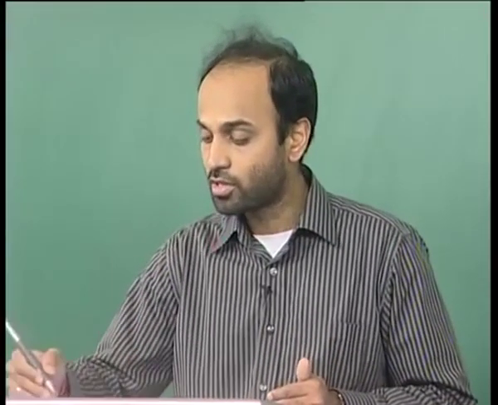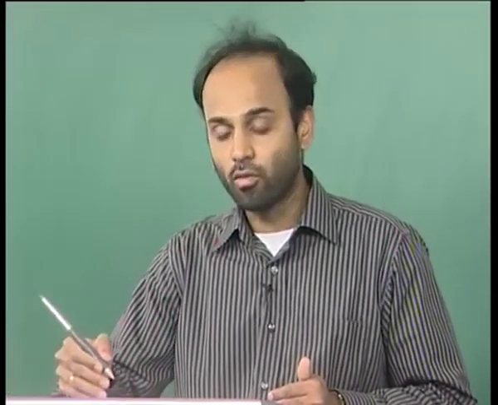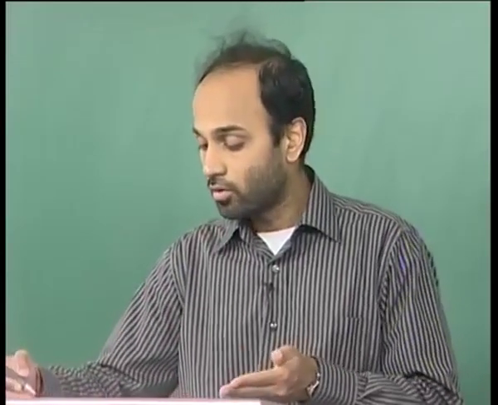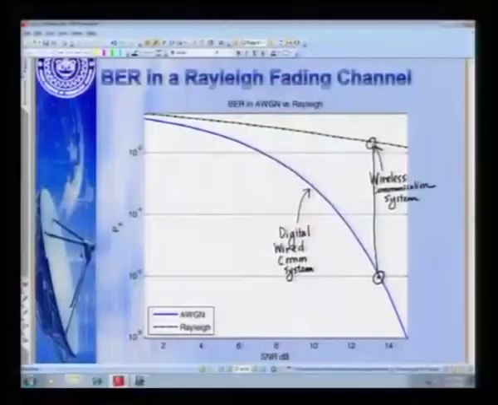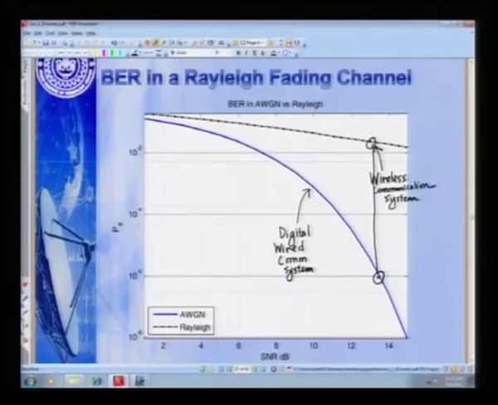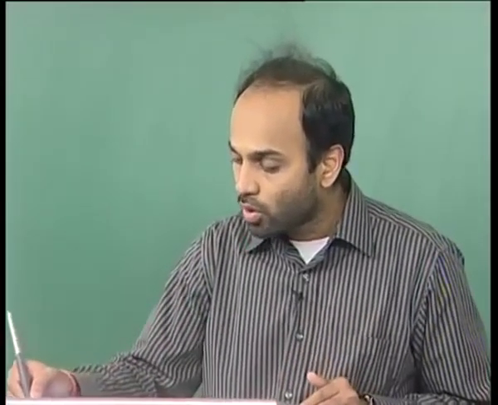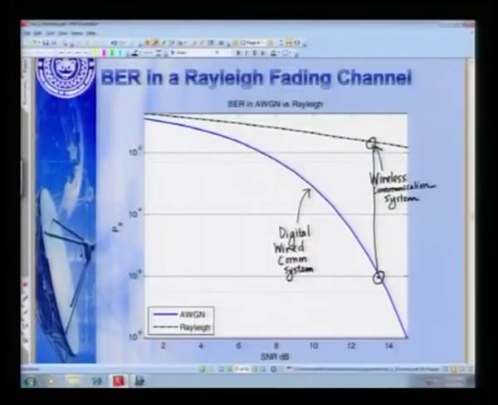This is approximately 2 or 3 times 10 power minus 2. So, if you compare it, it is of an order of magnitude 10 power minus 2 versus 10 power minus 6, which is 10 power 4 times higher or 10,000 times higher than the bit error rate of a wired communication system.